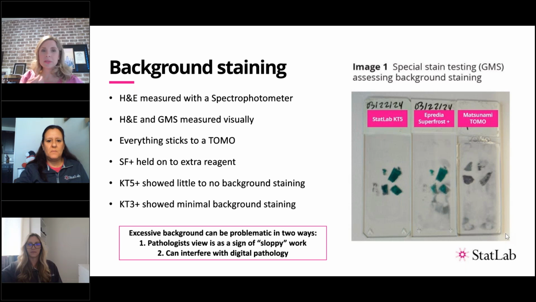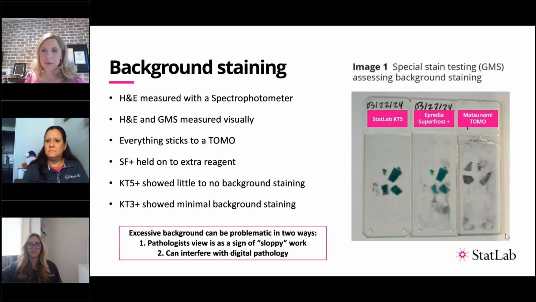In addition to being sloppy, we're also hearing reports that excess background staining can interfere with digital pathology. As more and more labs adopt digital and AI, there's only so much that intelligence can pick up.